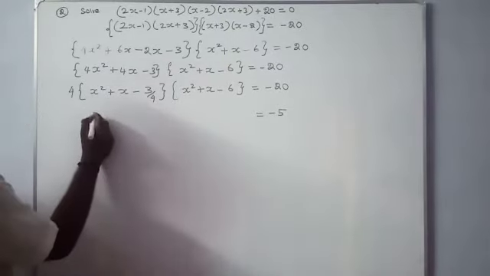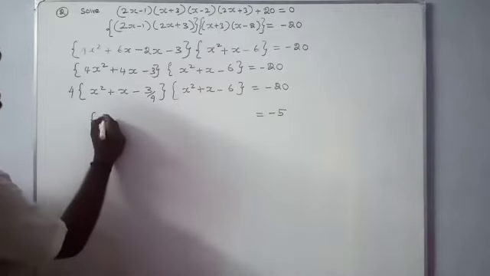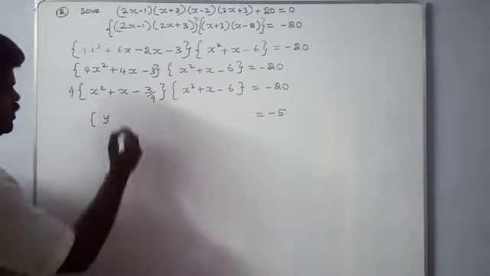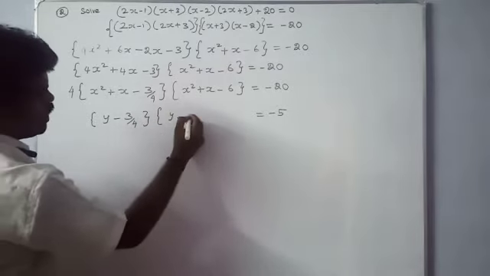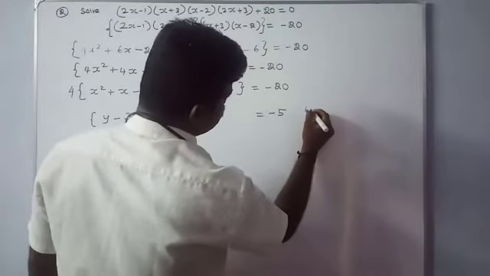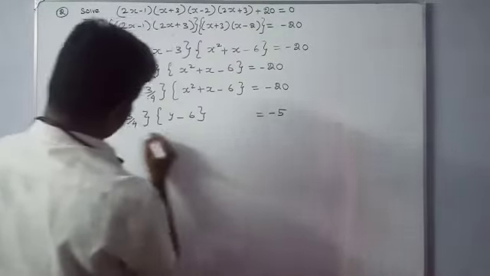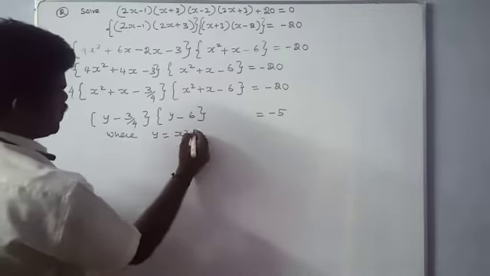And here x square plus x is there, x square plus x is there. So we replace by y. Y minus 3 by 4 into y minus 6, where y is equal to x squared plus x.